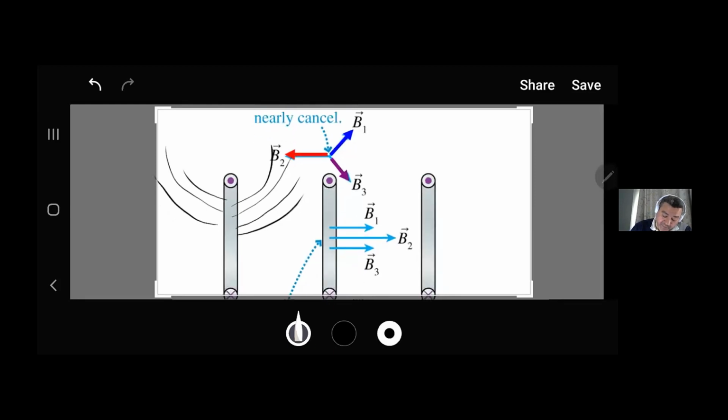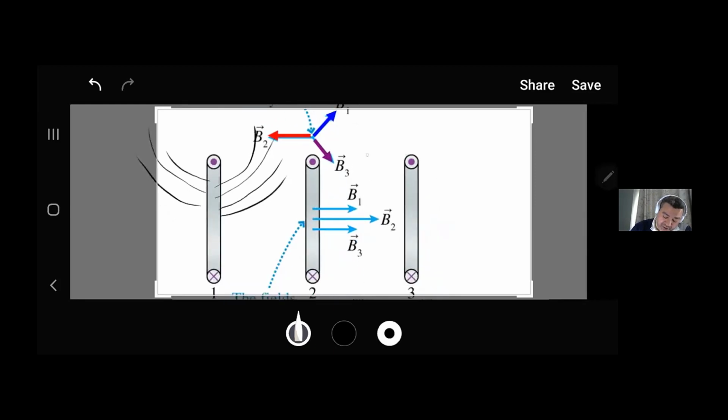However, loop number 3 is also coming from those fields, and because the magnetic field isn't going in this direction, it will curve. It is curving this way, coming back, and that's why this B3 is pointing tilted this way right at this point.